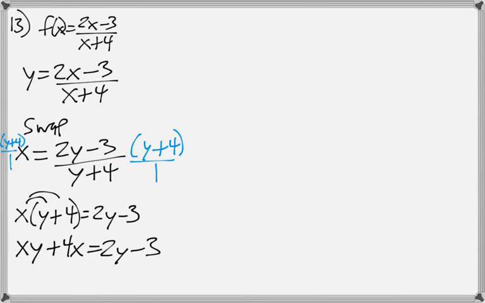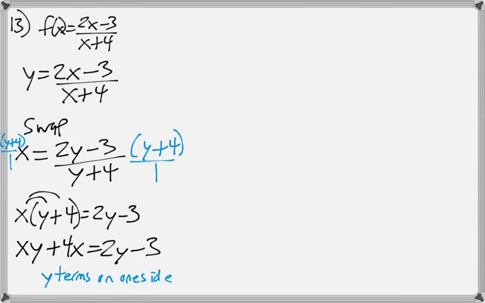And kind of like in number 11, because I'm solving for y, I want all of my y terms on one side and all of my terms that don't have a y on the other side. So I want my y terms on one side.